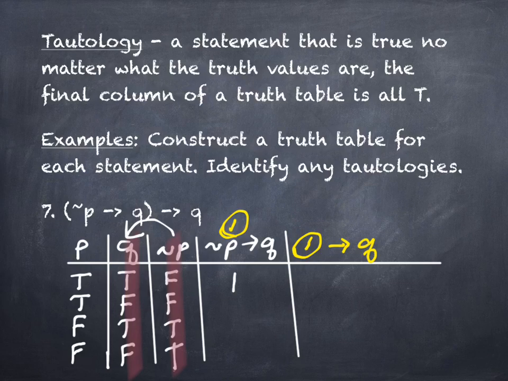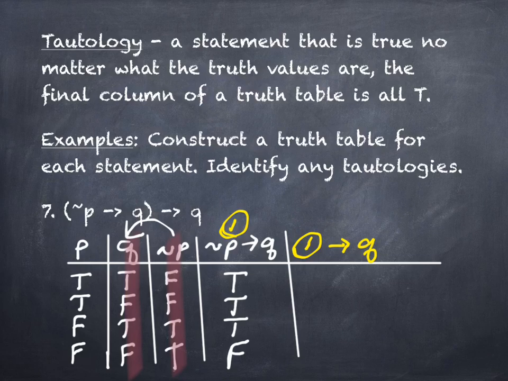So the first 2 here are true because they start out with a false statement. The third one on row 3 starts out true and goes backwards to another true statement. So that one is true. Anytime you've got 2 truths, whether it's and, or if, then, it's always true. The last one starts out true, results backwards into false, so it's false. The only one that's false.